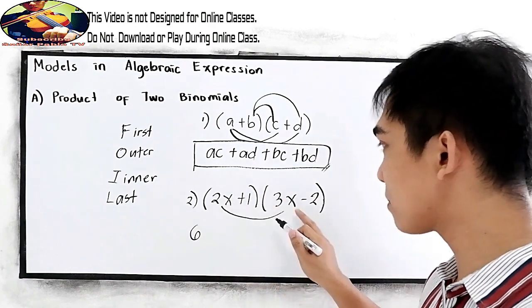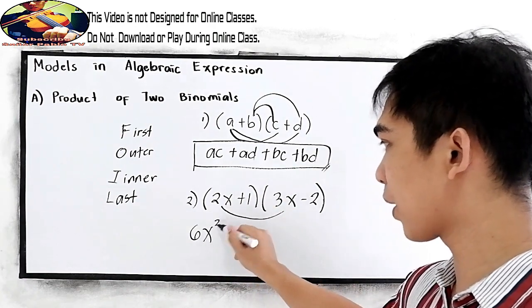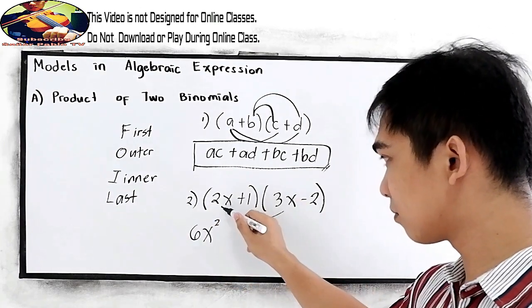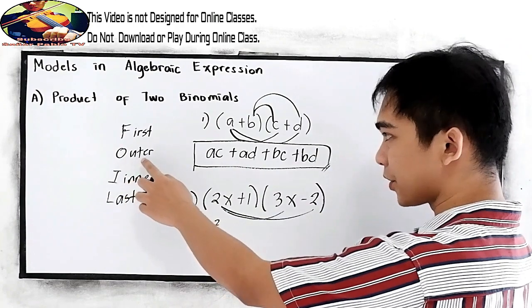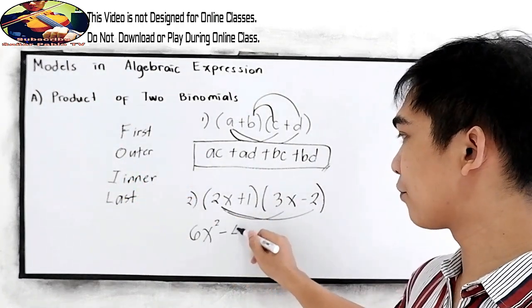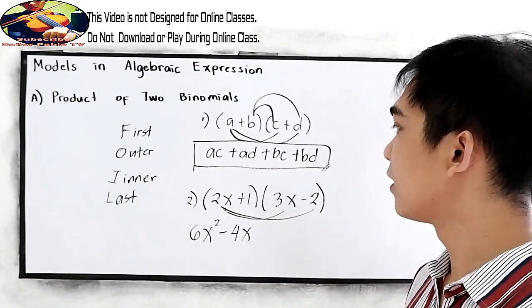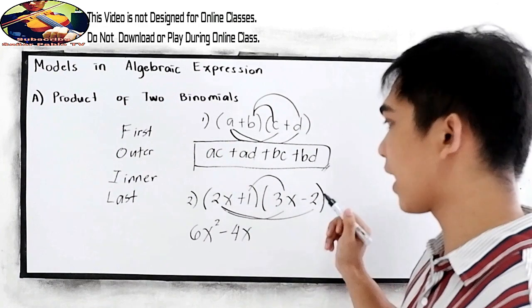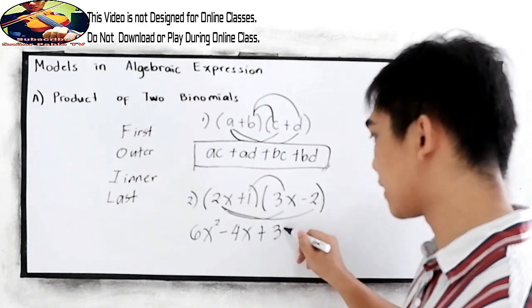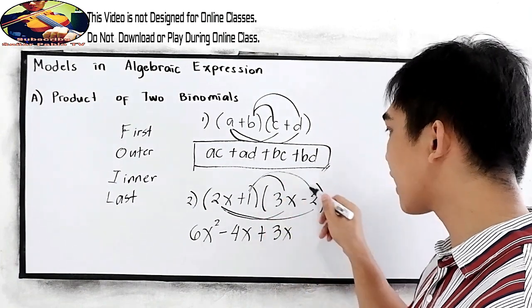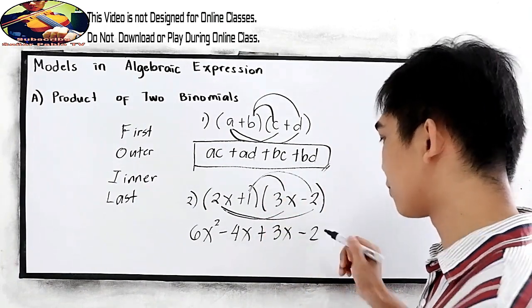Now we have x times x will give us x squared. 2x times negative 2, that is our outer terms. So 2 times negative 2, that is negative 4x. Next, the inner terms. 1 times 3x, positive 3x. And the last terms, 1 times negative 2, negative 2.